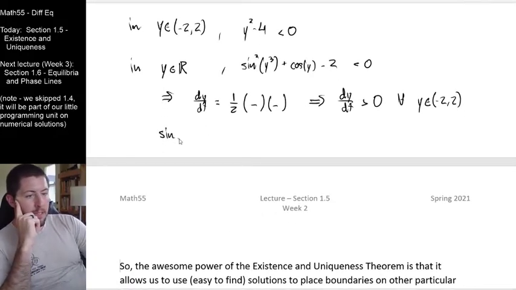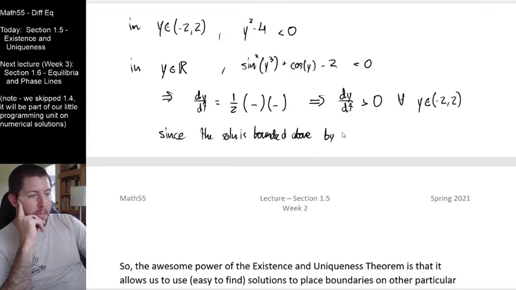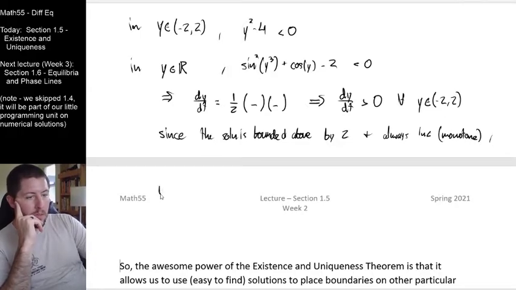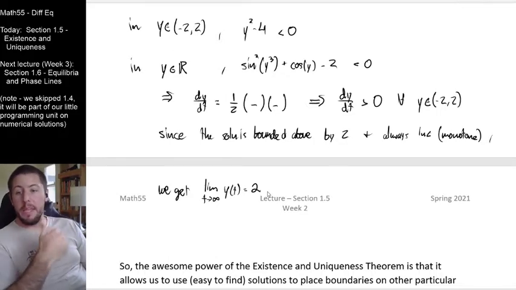So I'll say here, since this solution is bounded above by 2 and always increasing, we're guaranteed to be limiting towards 2.